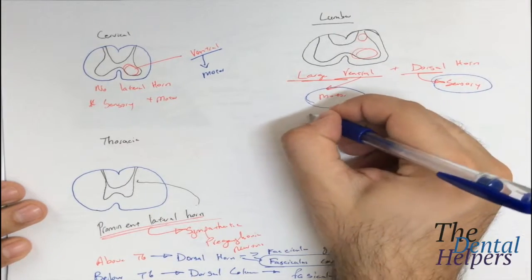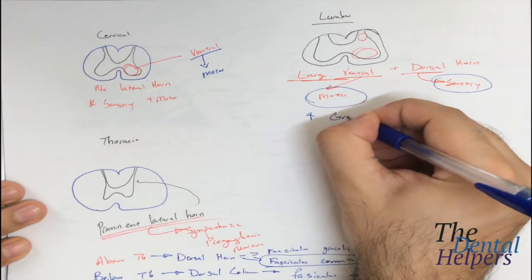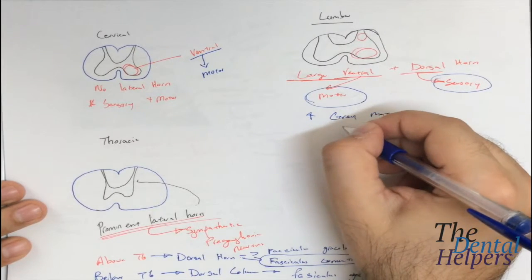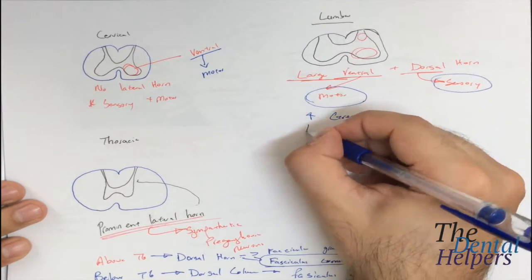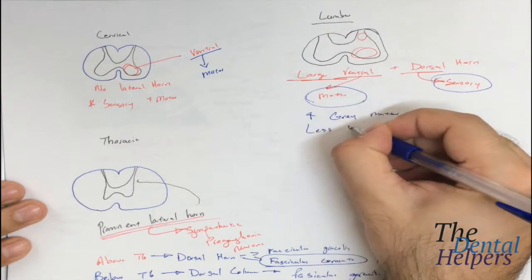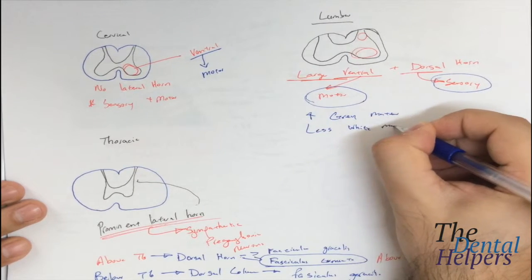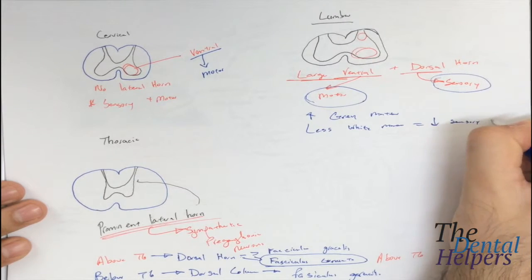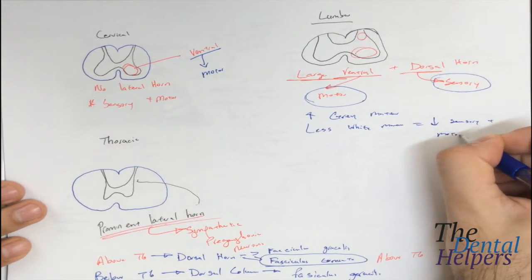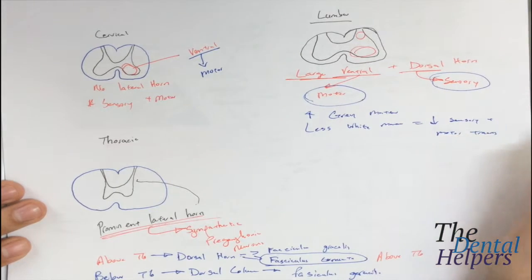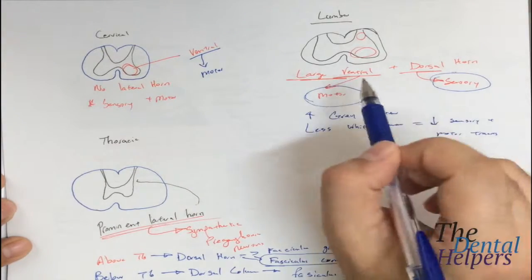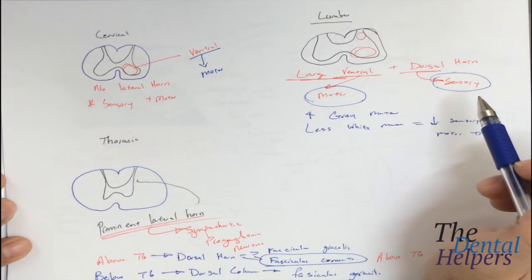So we're going to have more gray matter, we're going to have less white matter, which means decreased sensory and motor tract. And I know that seems a little counterintuitive for this.